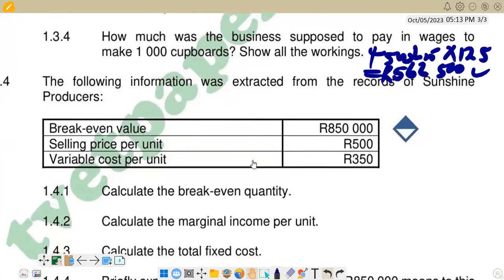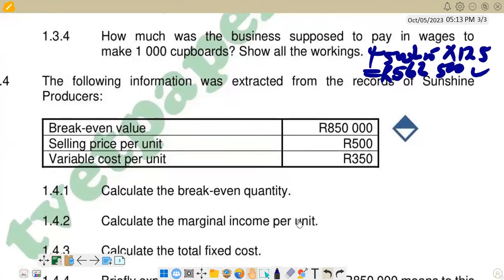The next question is saying break-even value is there, and then selling price per unit is there, and then variable cost per unit is there in that table. At the beginning of the question, they're saying the following information was extracted from the records of Sunshine Producers. Then we are given the table, then 1.4.1 is saying calculate the break-even quantity.